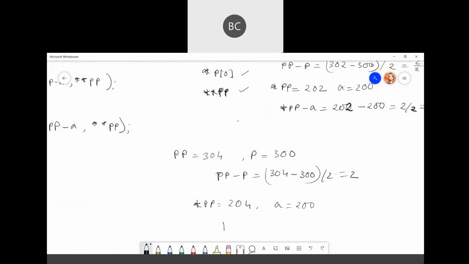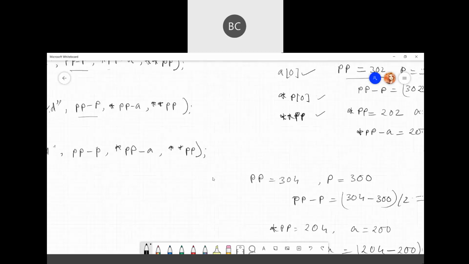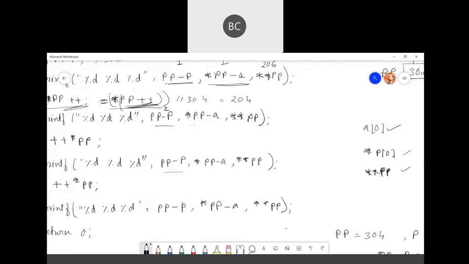So again the same thing, pointer PP minus A will be 204 minus 200. Again we will divide it by 2, so the answer will be 2 again. So for this part the answer will be 2.